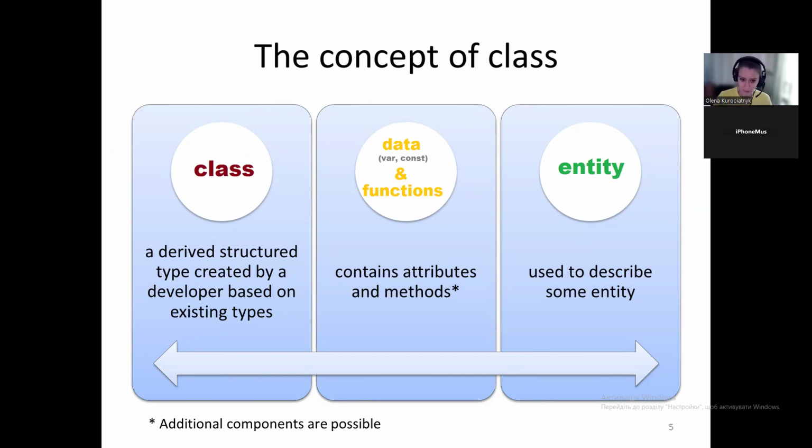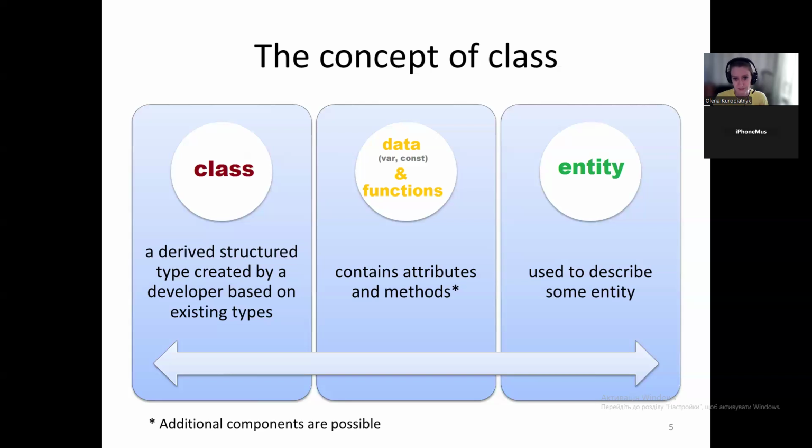When I create a new class, I will use several types such as int or integer, float, double, string, char, and other types that I know from previous subjects, previous disciplines, and I will combine the data of these types to create the description of a new entity, and this description is a structure type, and I will use it in the next stage of development.